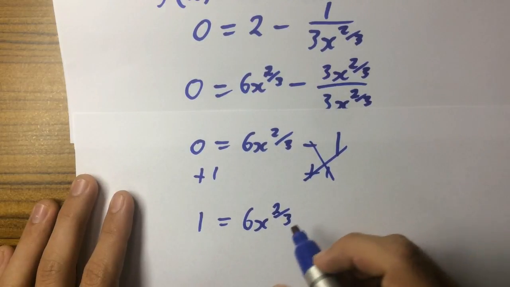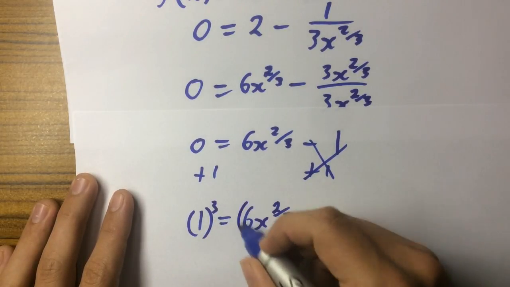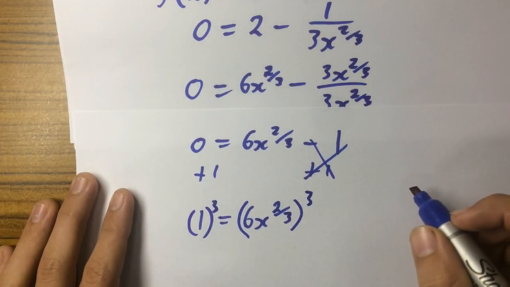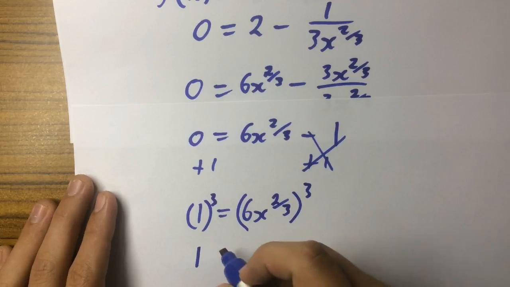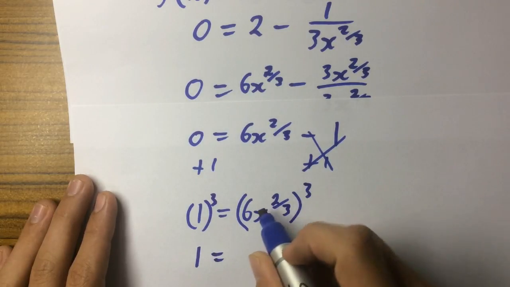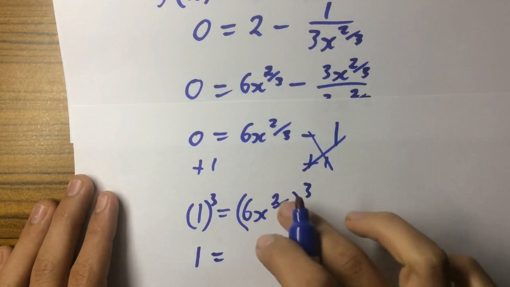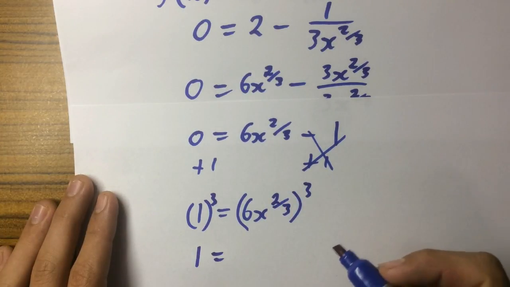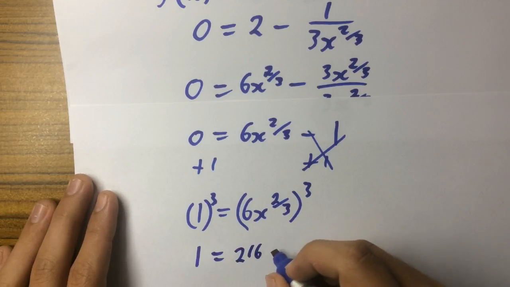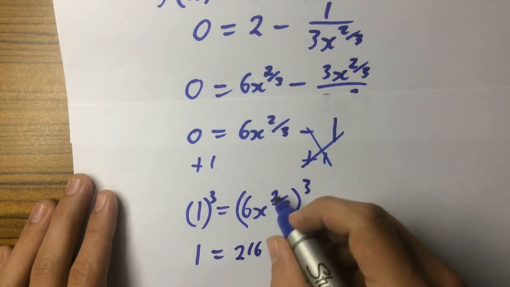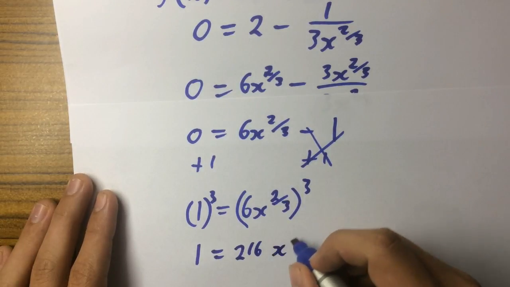And we're going to cube both sides. 1 cubed is 1. When you cube something like this, we cube the 6 and then cube the x to the 2 over 3. So when you cube the 6, it's going to be 216. And when we cube the x to the 2 over 3, the 3 is going to cancel out this 3 and we're left with x squared.